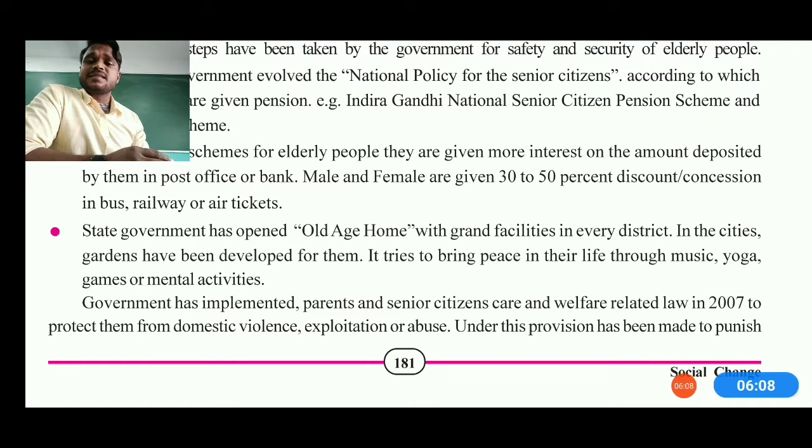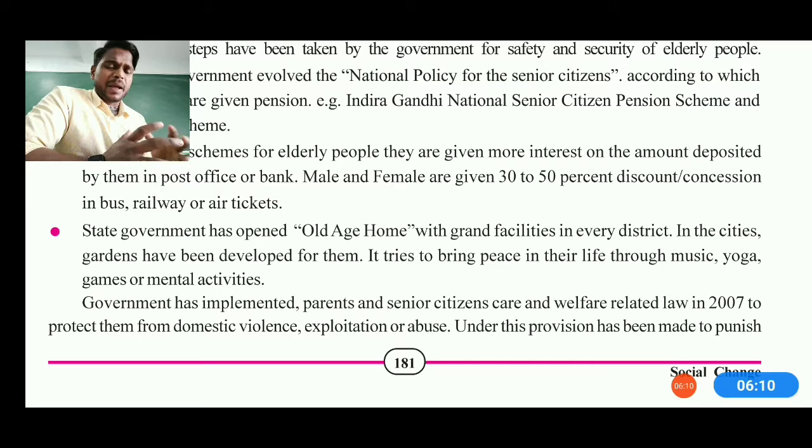But this creates a negative impact on the human mind, and right now most parents are sent to old age homes in the name of freedom, because their kids want to live with their wife and kids, a free family life. So they are sending their parents, thinking their parents are a burden on their head, to the old age home.